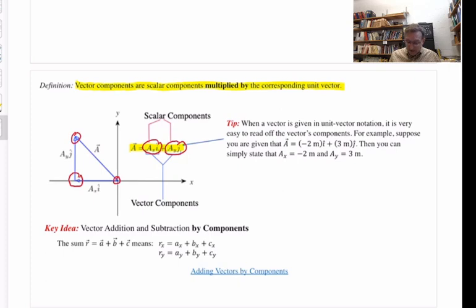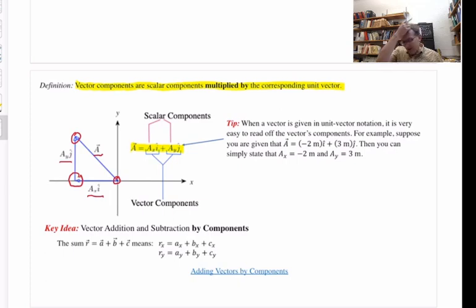In other words, the vector A is equal to the vector Ax i hat plus the vector Ay j hat. And that's what I have right here. Okay, so we just take the scalar components of a vector and we multiply each by its corresponding unit vector, and we get vector components. And you add the vector components to get the full-blown vector.